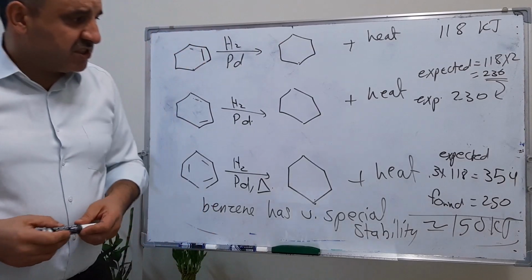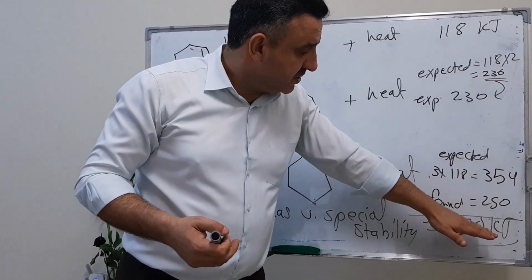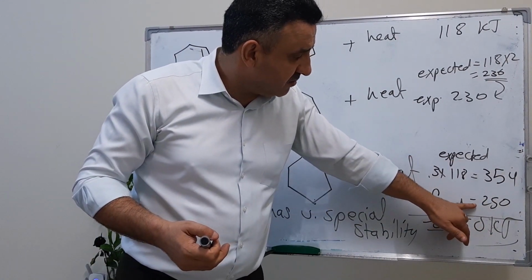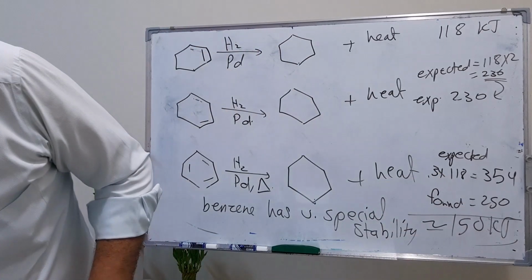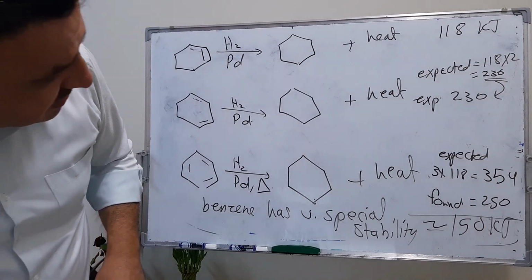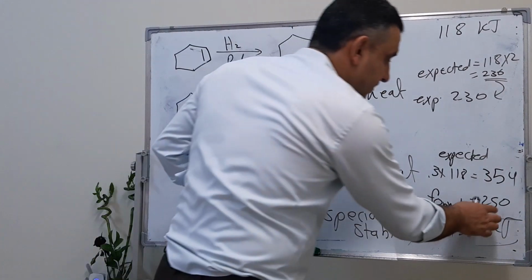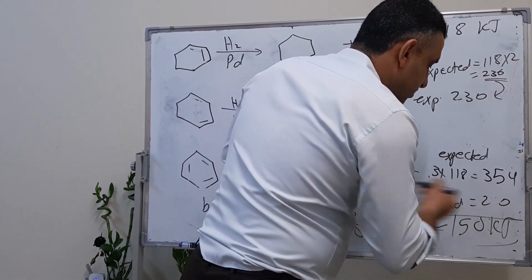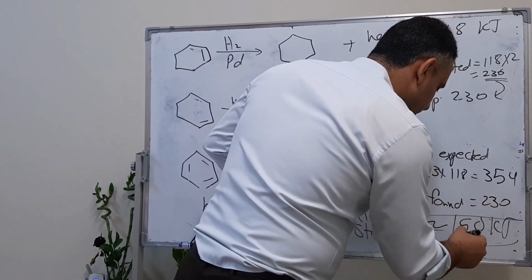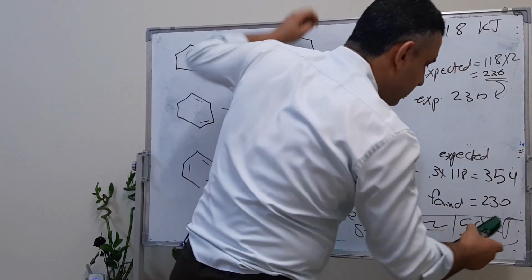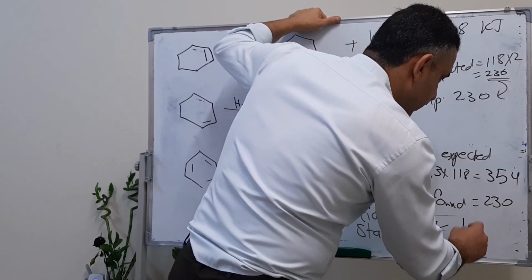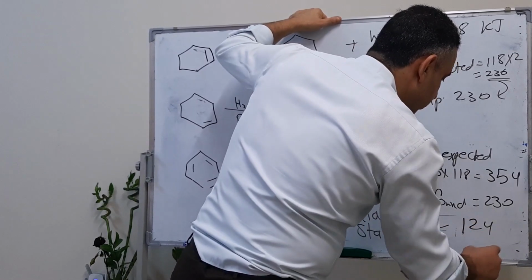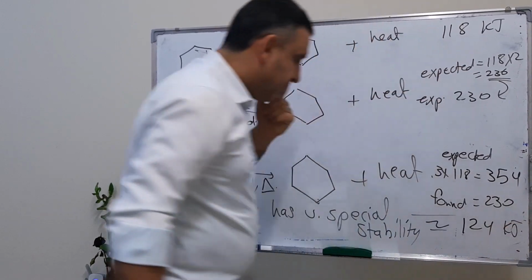The difference is around 100 kilojoule, right? We got 230 is supposed to be 102. So approximately the difference is around 124 kilojoule. Do you follow me?